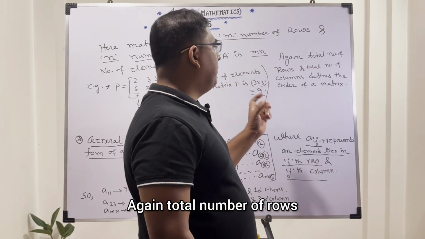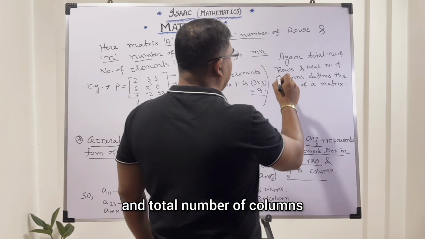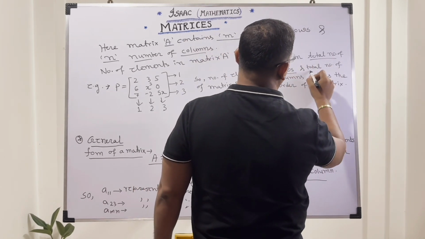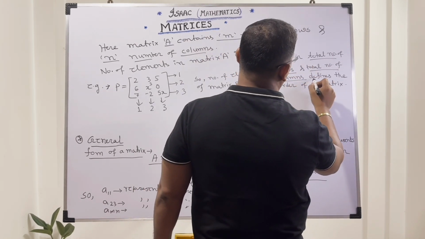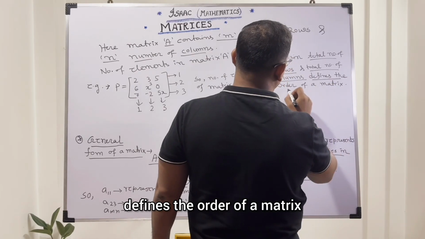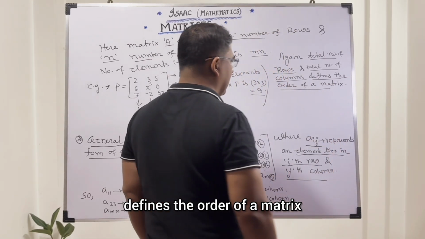Again, total number of rows and total number of columns defines the order of a matrix.